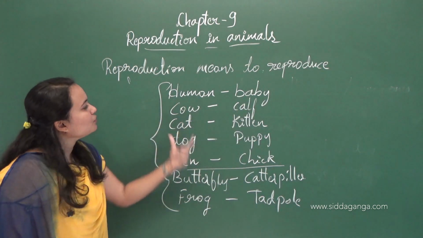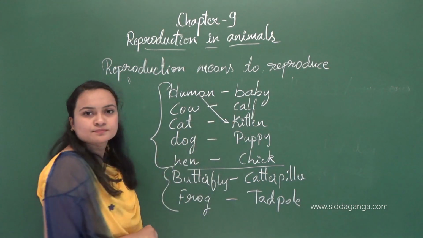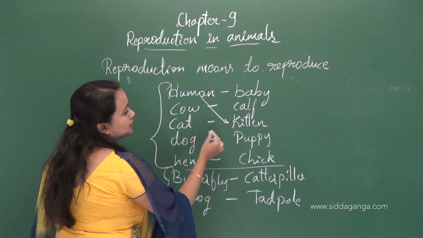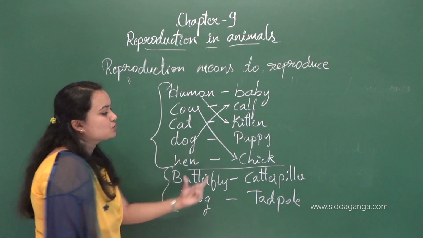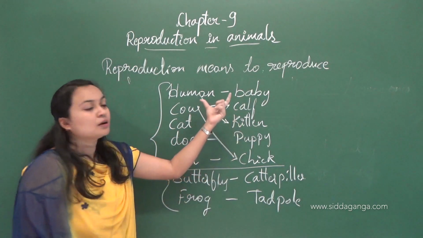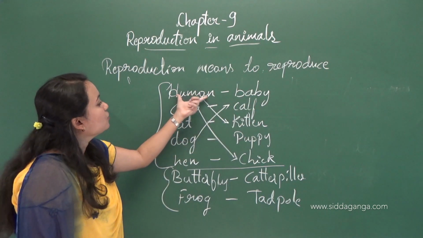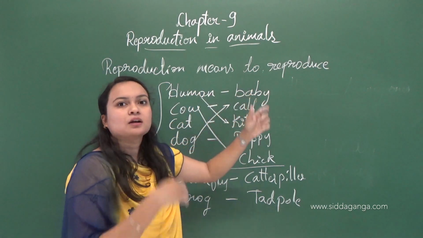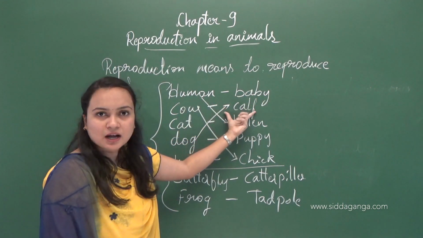Here, if you notice, a human cannot give birth to a kitten, a dog cannot give birth to a calf, and a cow cannot give birth to a chick. They must maintain the species level. The human must give birth to a baby, or a cow must give birth to a calf.